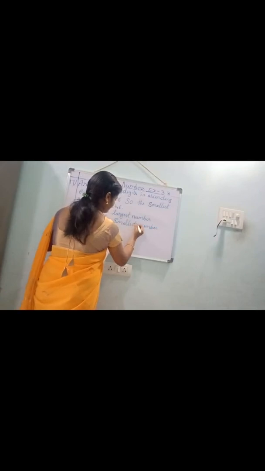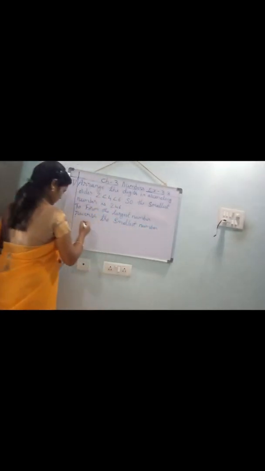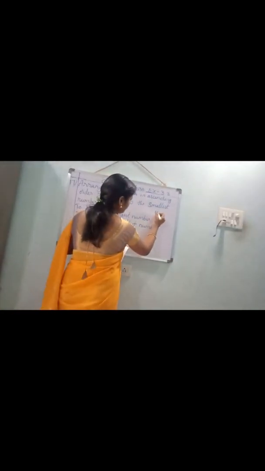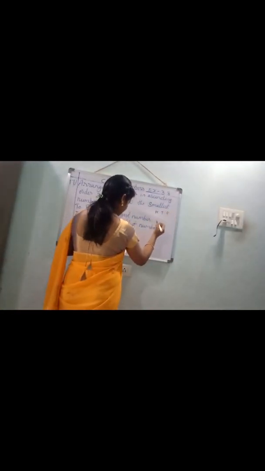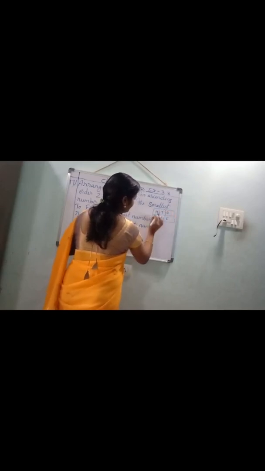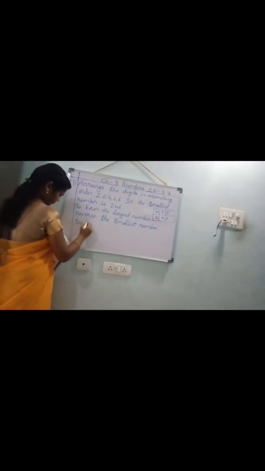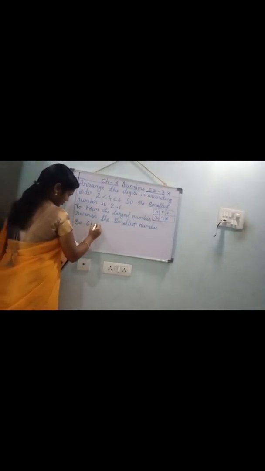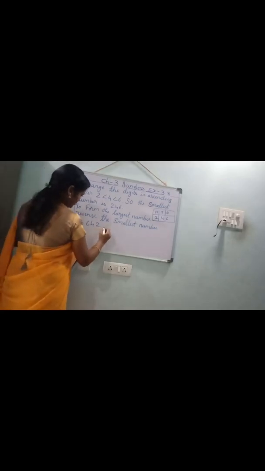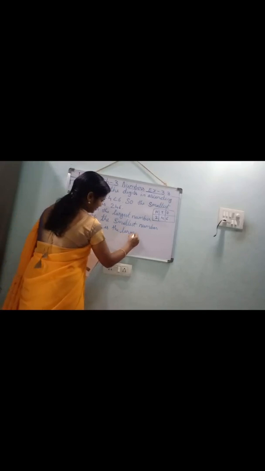Yes, children. See, hundreds place, tens place, ones place: 2, 4, 6. You already know place value, children? Yeah. Next. So 642. 642 is the largest number.